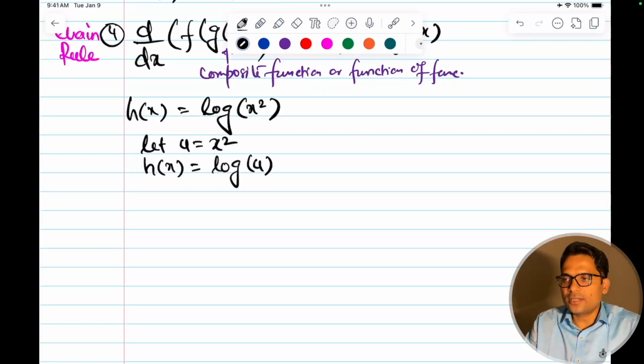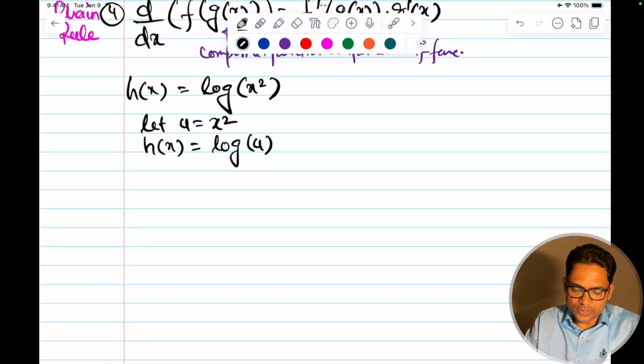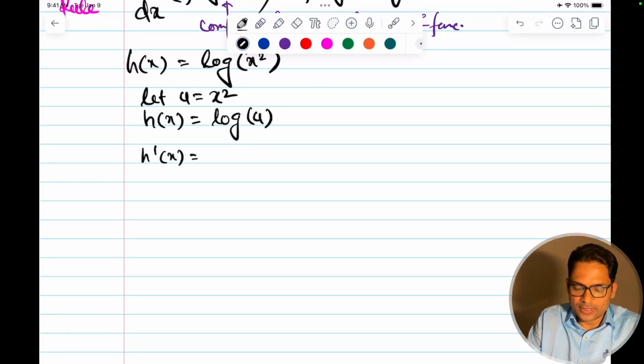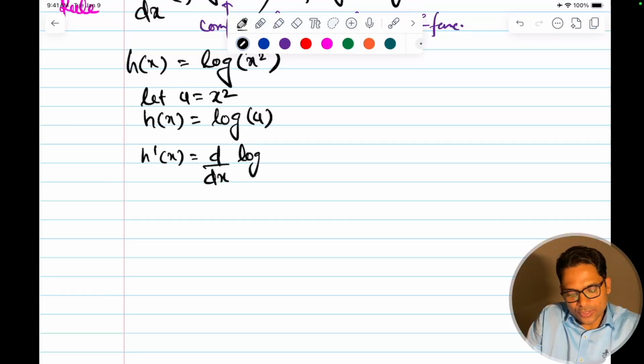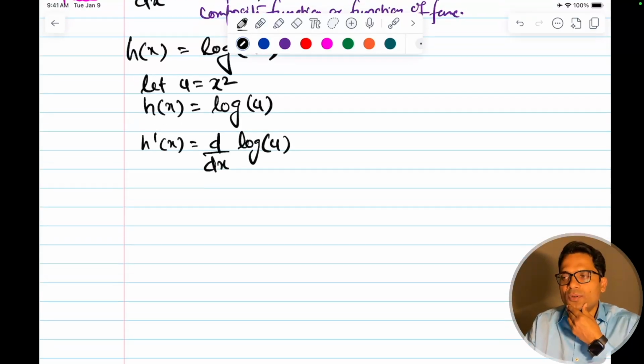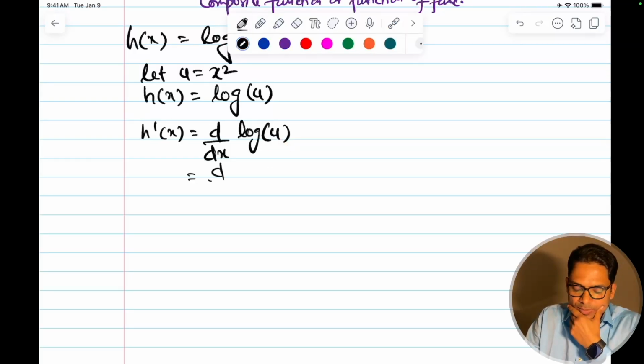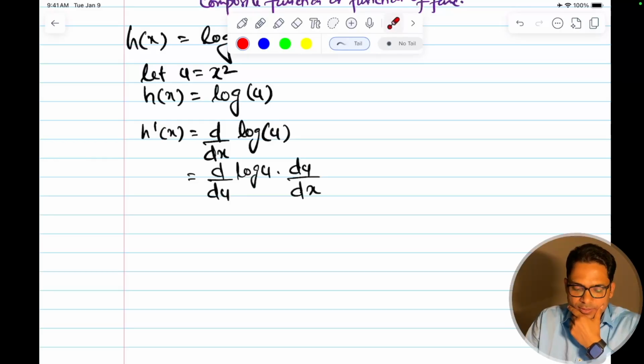So now I can say that this is a function of a function. My h dash x can be written as d by dx of log u, but we don't know how to differentiate this directly. So what we'll do is, this will be equal to d by du of log u into du by dx.